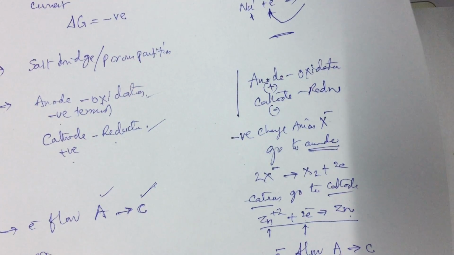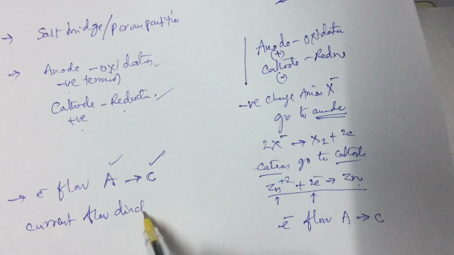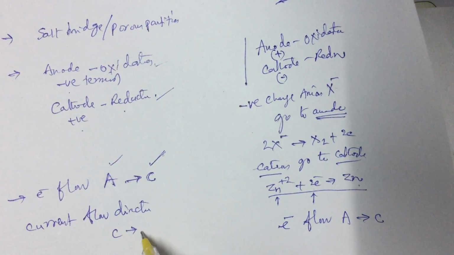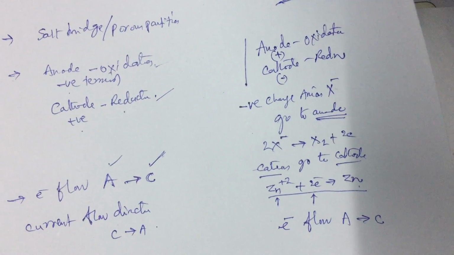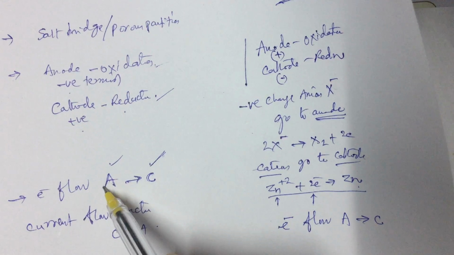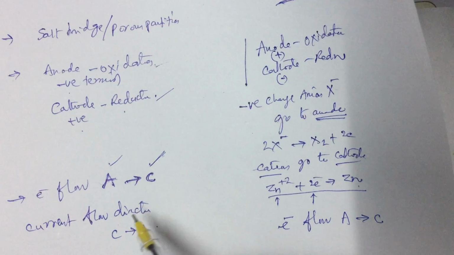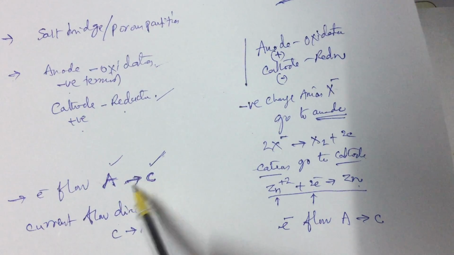And the conventional current flow direction is reverse to the above in all cases. So it should burn in your mind. Electrons are always flowing from anode to cathode. AC, remember AC, alternating current, anode to cathode.